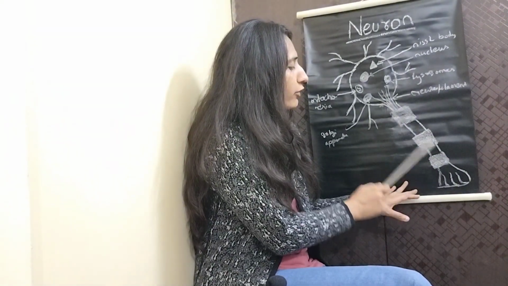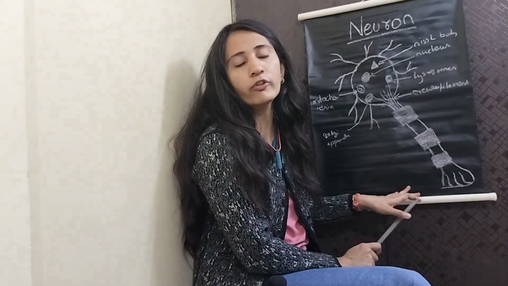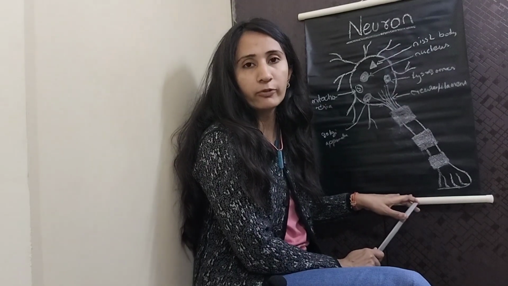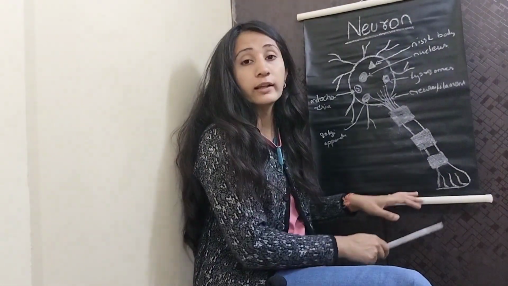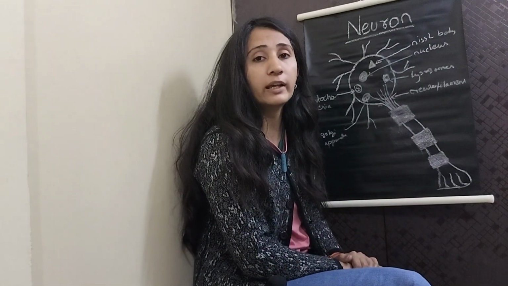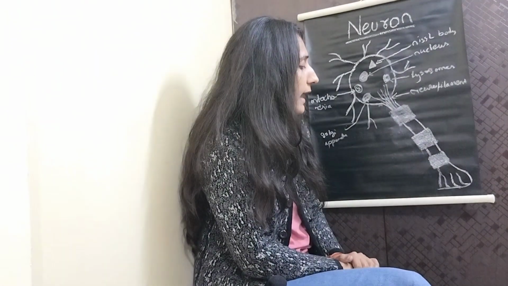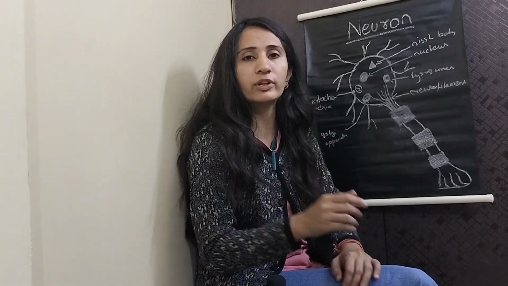Next, in this axon portion, we can also find smooth endoplasmic reticulum towards the end of the axon. This smooth endoplasmic reticulum acts as the synthesizer of chemicals which help in the transfer of impulse.